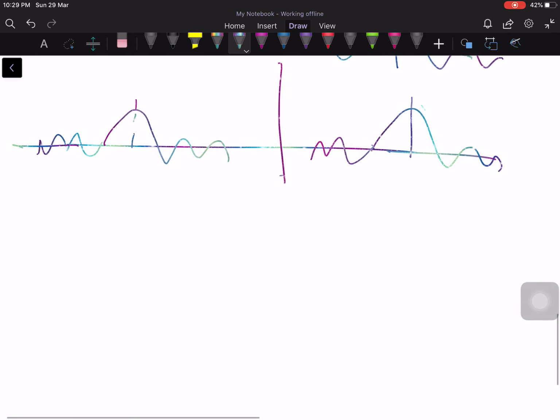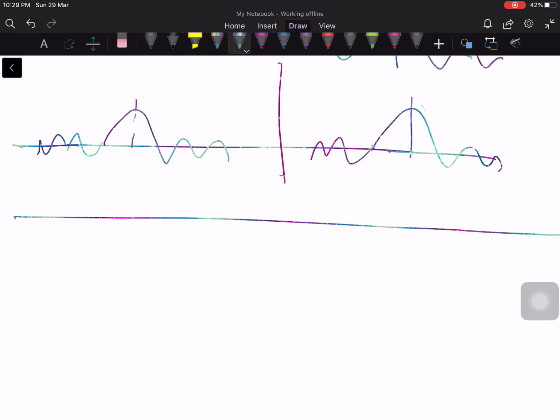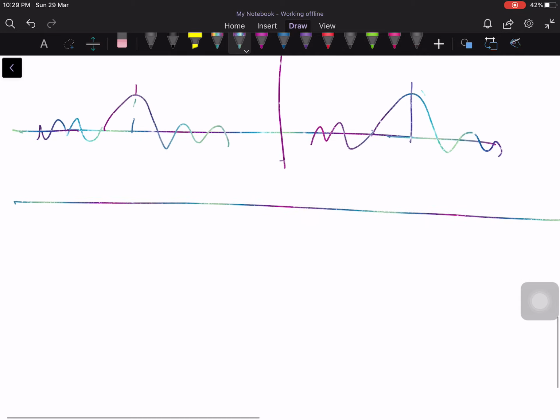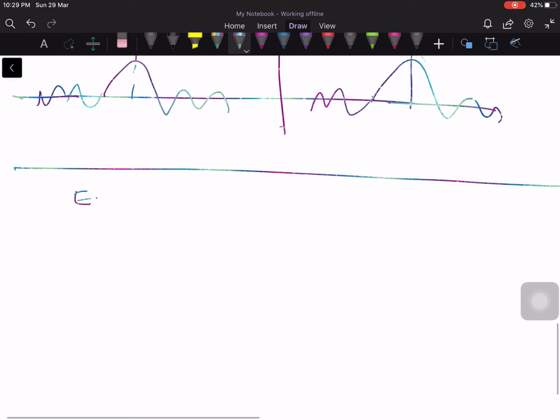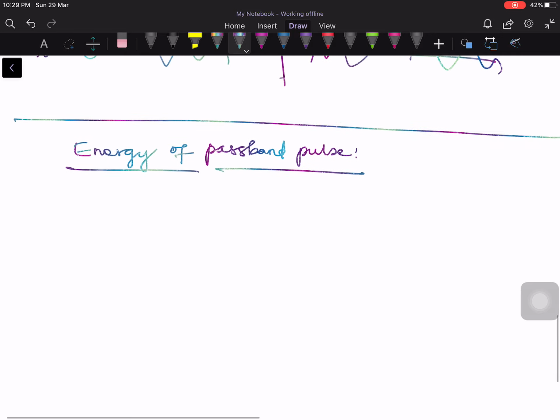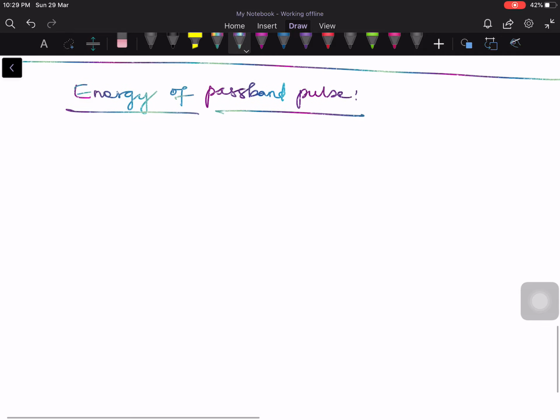Okay, now let us talk about the energy of the passband pulse. Energy E_P is equal to the integral of s squared of t times dt.